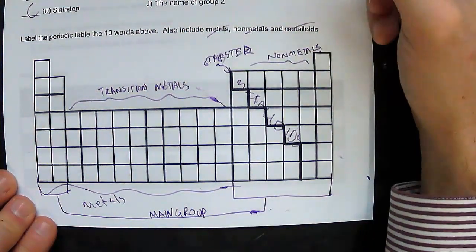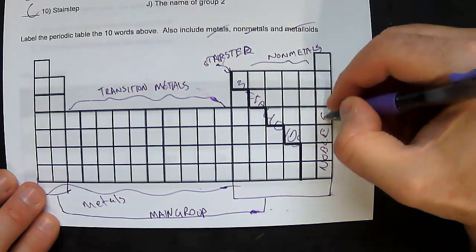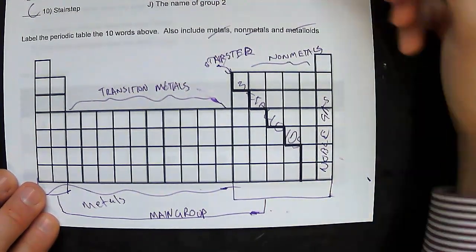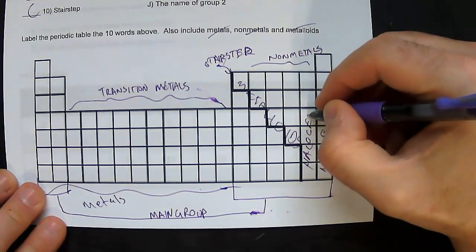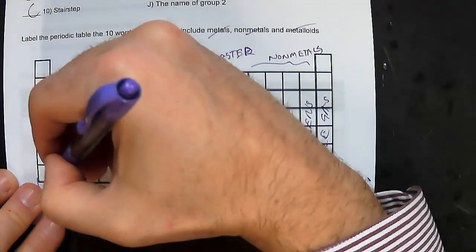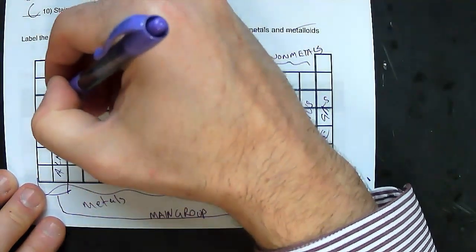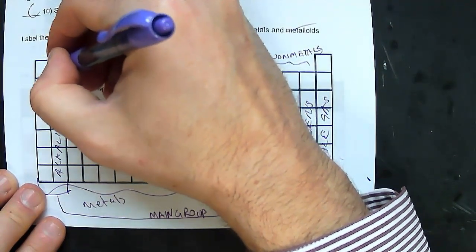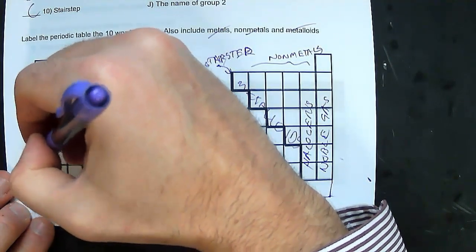The noble gases are here. The halogens are right next door. The alkaline earth metals are here. The alkali metals are right next door.